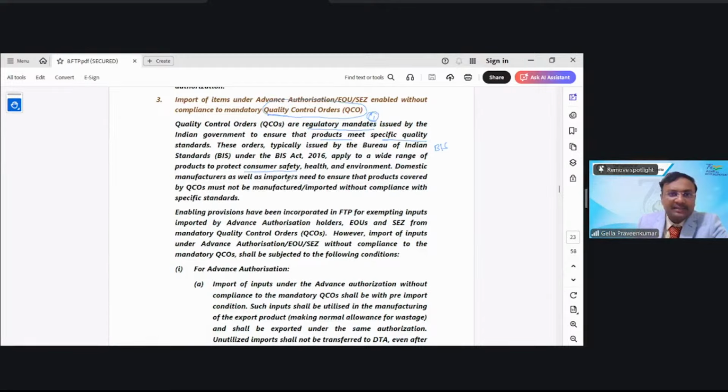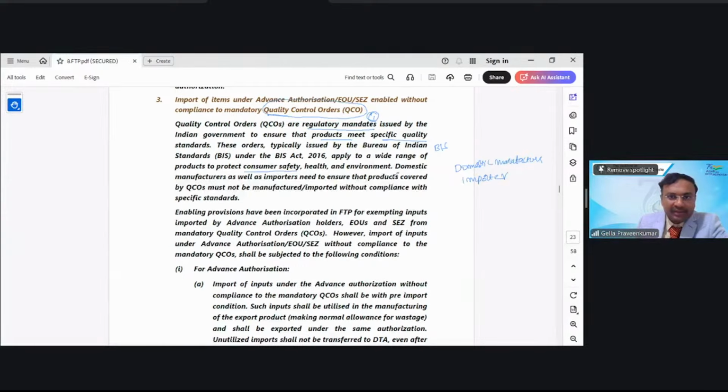Domestic manufacturer as well as importer need to ensure that products covered, who are they saying? Domestic manufacturer as well as importer. These two people have a responsibility to comply with quality control order.